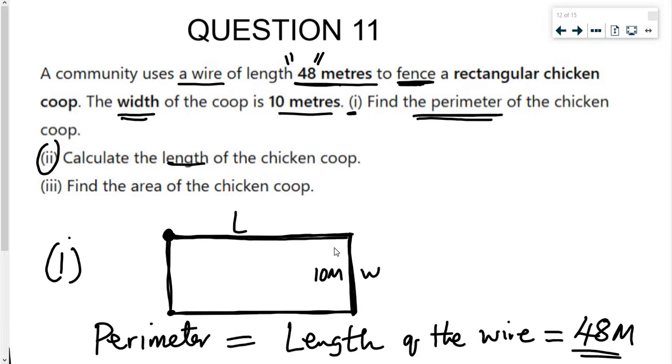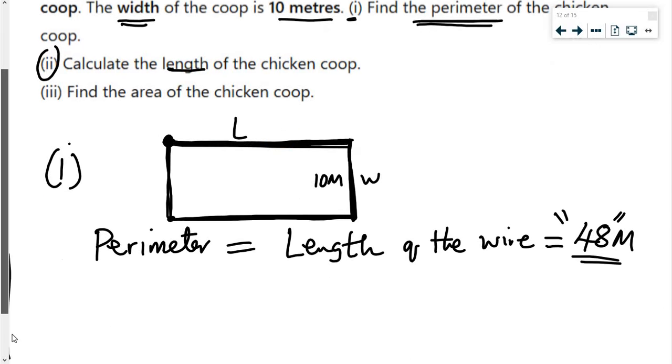Can we find the length? Yes, we can find the length. How do we find the length? We know the perimeter is 48. Then we can use the formula of the perimeter of a rectangle to find the length.